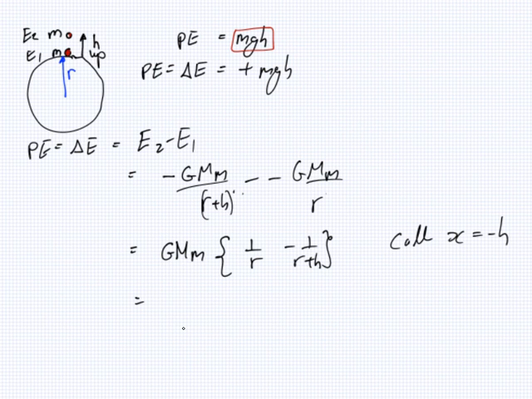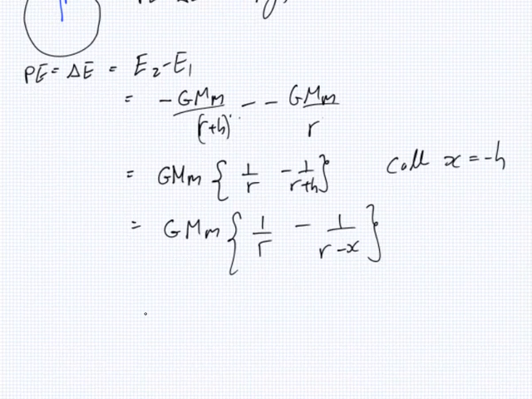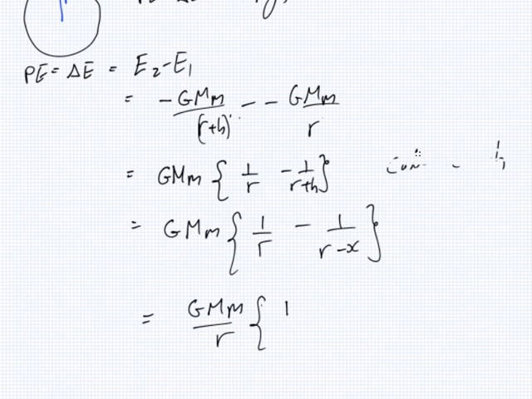So I can just rewrite this a little bit. This is GMm, 1 over r minus 1 over r minus x. And the r is annoying me a little bit here. I'm going to take out that r.